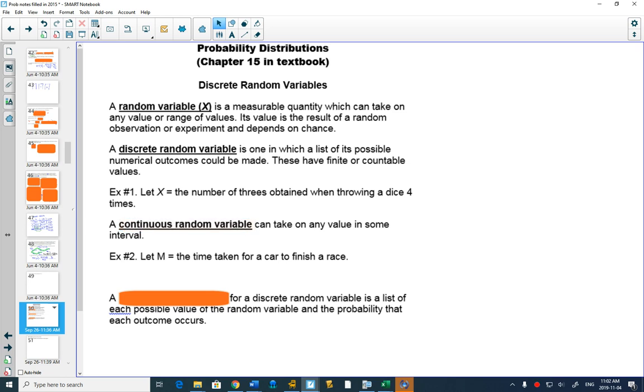A continuous random variable takes on any value. So, for example, something that would be continuous. If I drop this dice on this square, it could land anywhere after that.